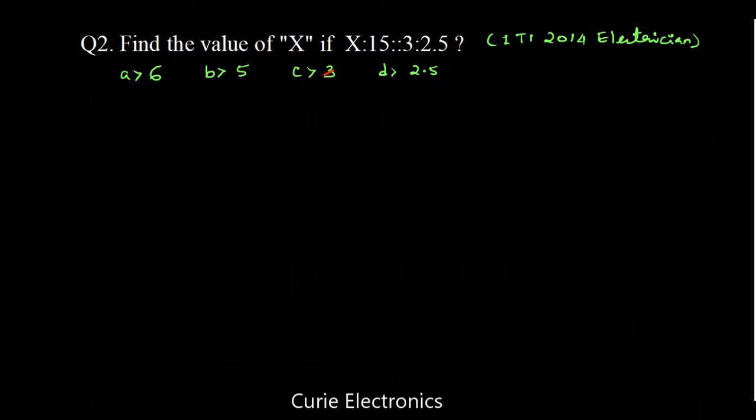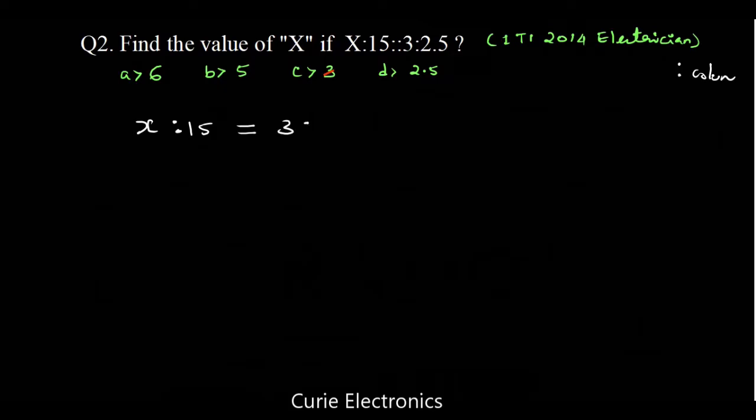Find the value of x if x is to 15 double colon 3 is to 2.5. See, double colon is there. These two dots, we will call it a colon. That double colon can be replaced by an equal to sign.